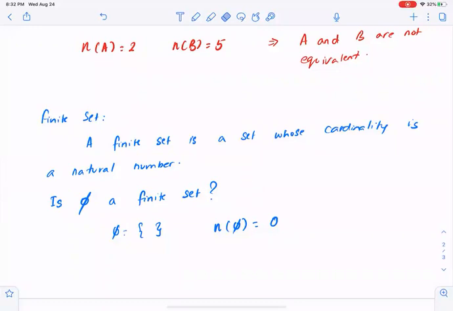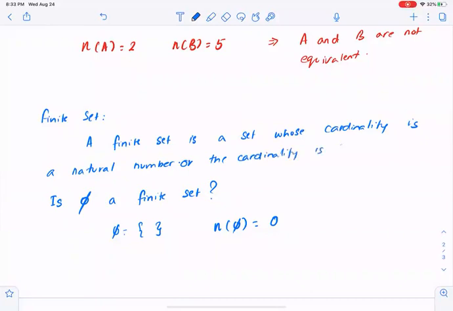The condition being, or the cardinality is 0. In other words, it is an empty set. Either we want it to be a natural number, or it is 0. Again, if the cardinality is 0, if I say there is nothing, I'm able to say nothing because I'm able to count it. So if I can count it, there is some finite nature to it.